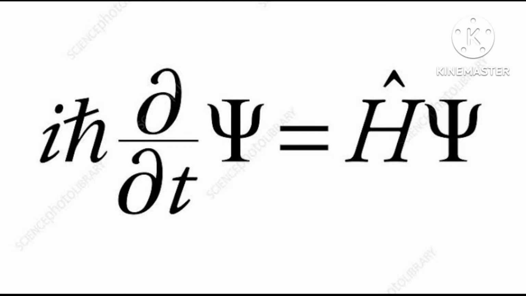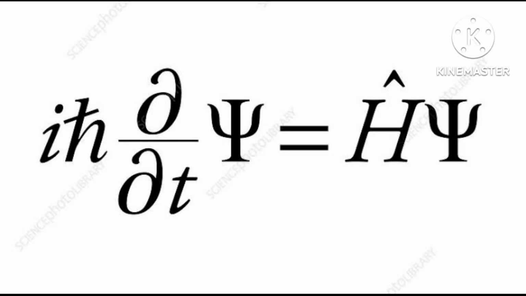Students also get confused; you people should not get confused. Psi will tell all information about the electron: where the electron is, in which orbital the electron is. Many orbitals are possible in an atom.